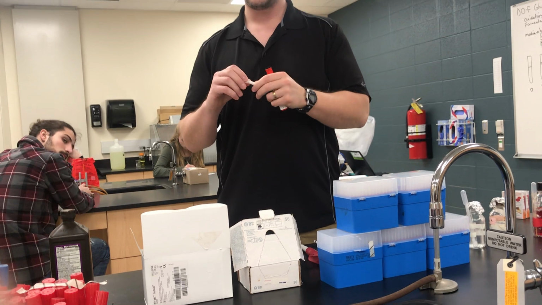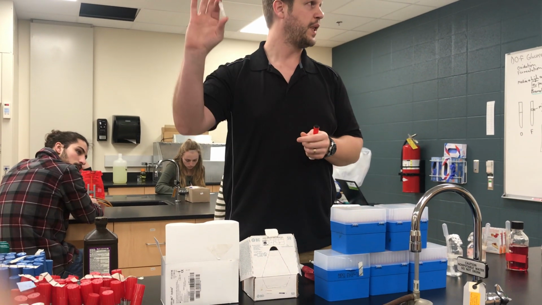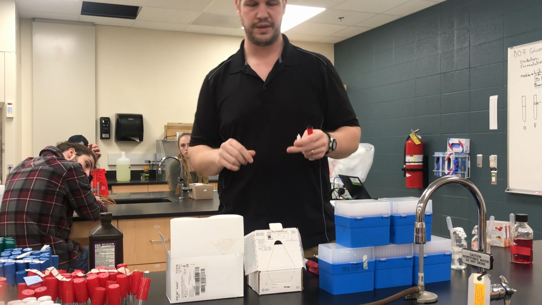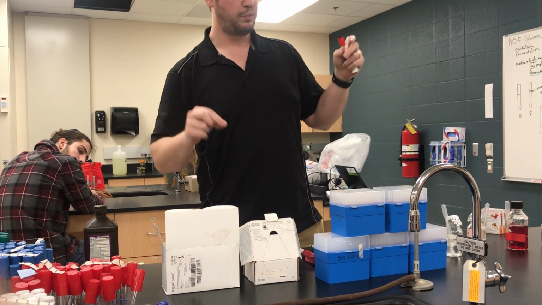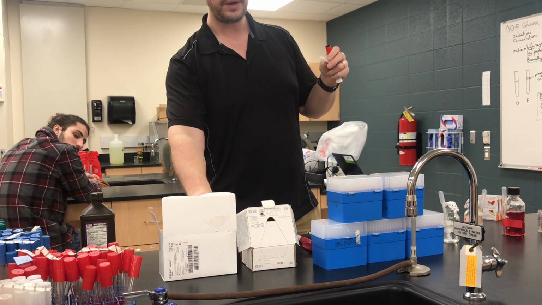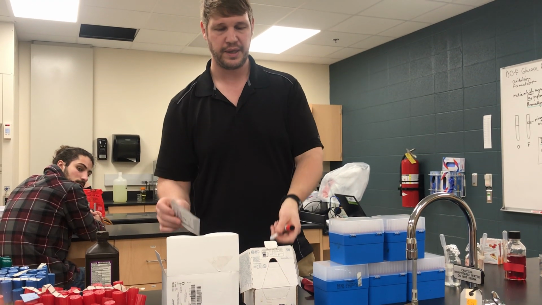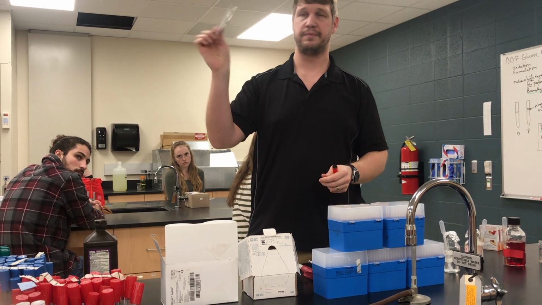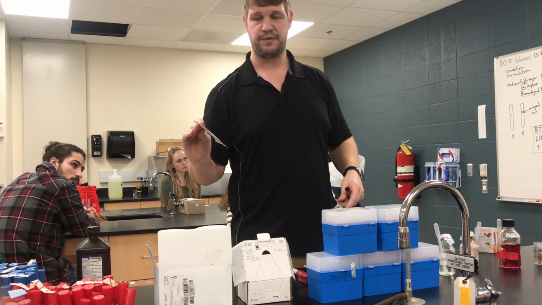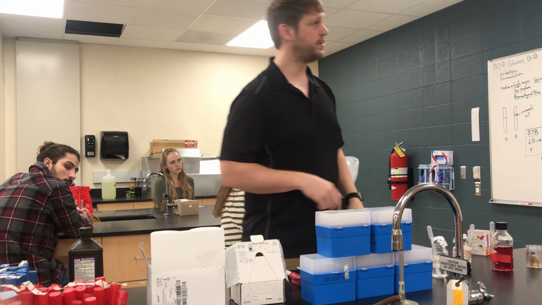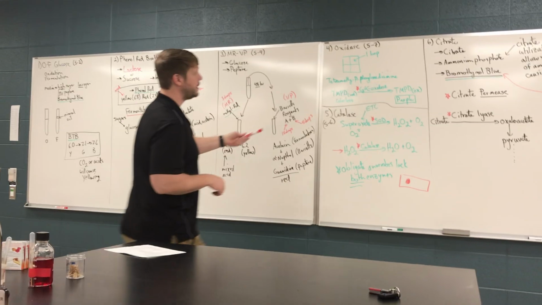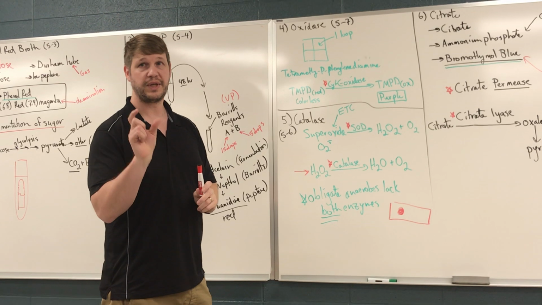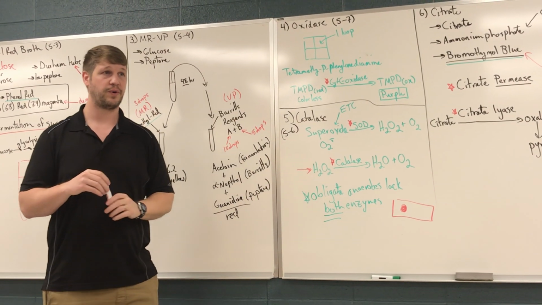One is to utilize these little tubes which have the TMPD in them. You can crack these, put a little bit of sample on a spot plate, and then add this to it. The other one, which is simpler to use, is called the dry slide, and it kind of looks like a 4-pane window, and each of the 4 panes can be used to test a separate organism. So if you get one dry slide, you can test all 4 of your organisms using that.